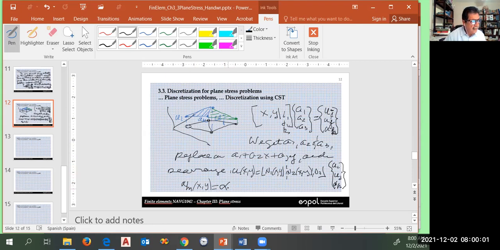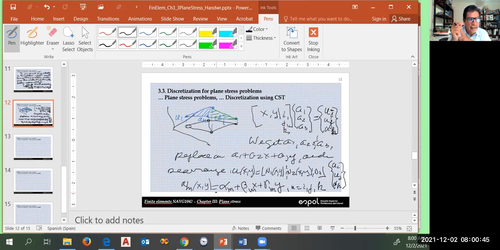It's going to be a constant plus a constant times x, and then a constant times y. Okay, so this is for m equal to i, j, and k. And in a minute, I will present these expressions to calculate alpha, beta, and gamma, depending on the positions of the 3 joints.